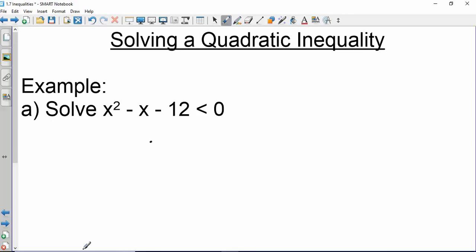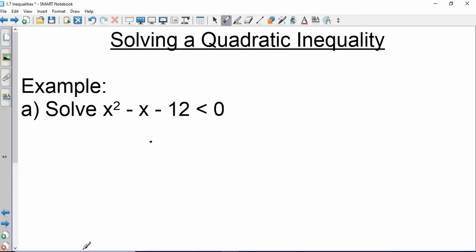You start out the same way as if it were an equation. In other words, if I said x squared minus x minus 12 equals 0, you would jump right in and do what? Yeah, factor and box method. So that's what we're going to do first.